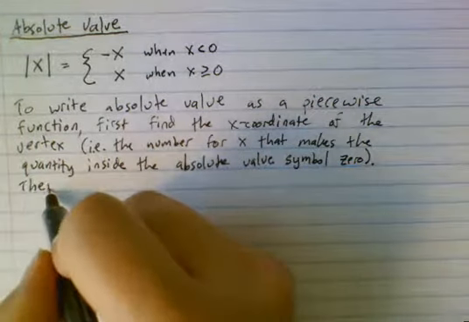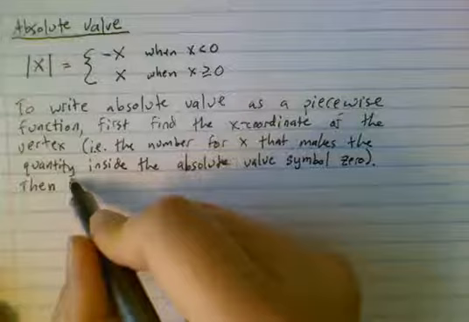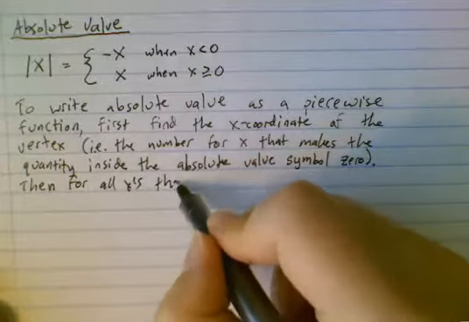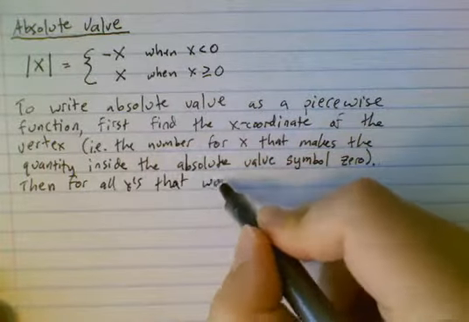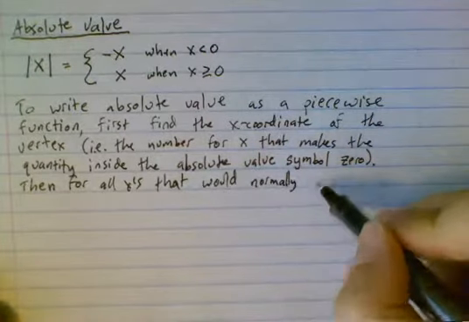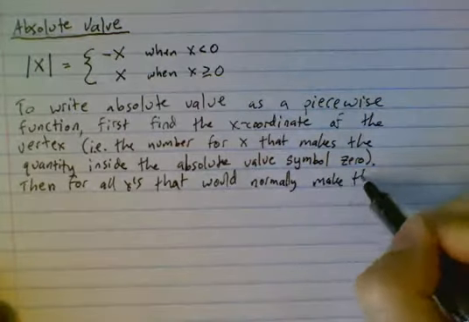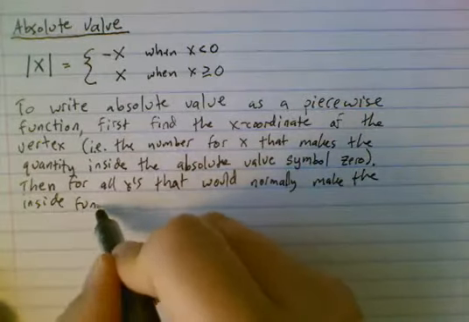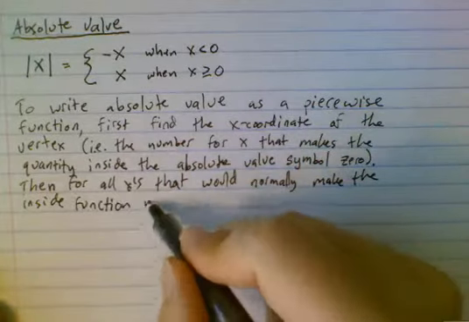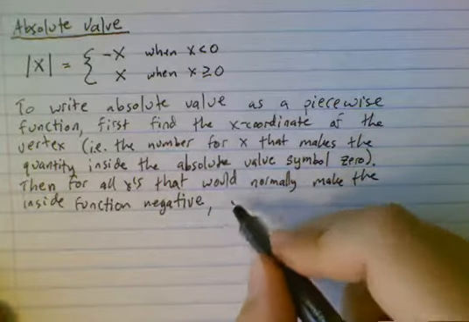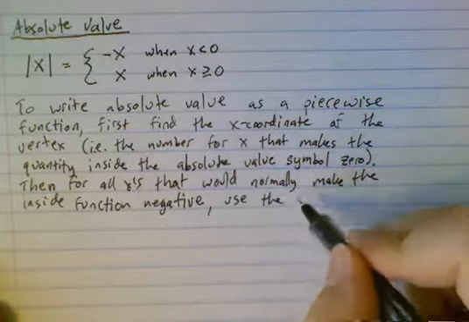Then, for all x's that would normally make the inside function negative, use the opposite function.